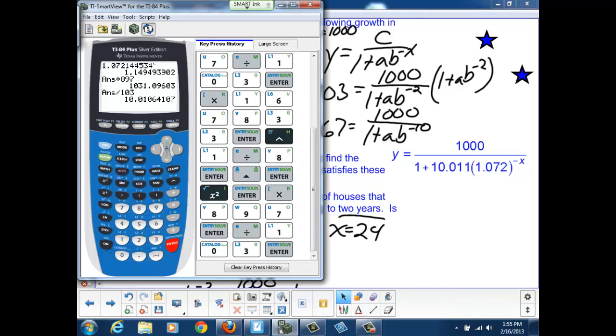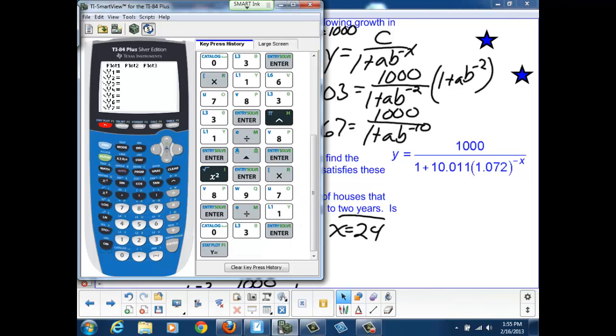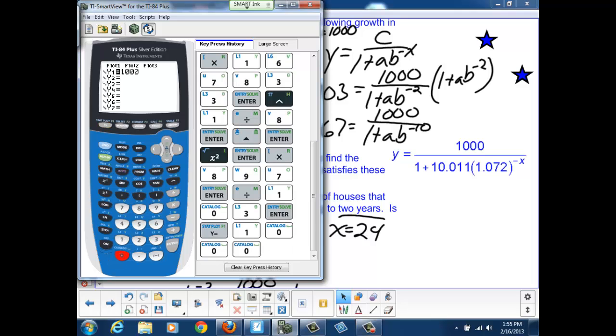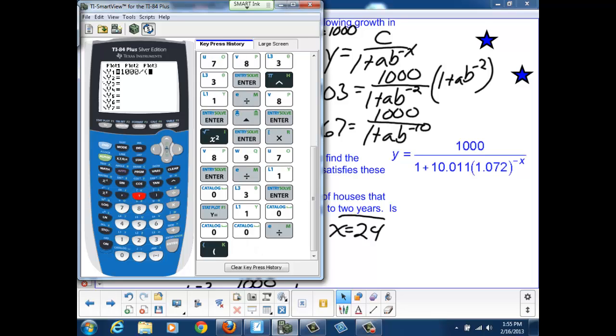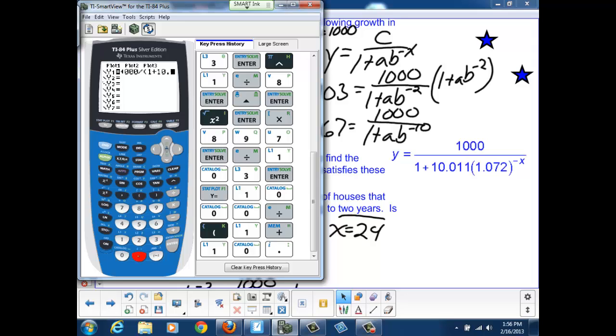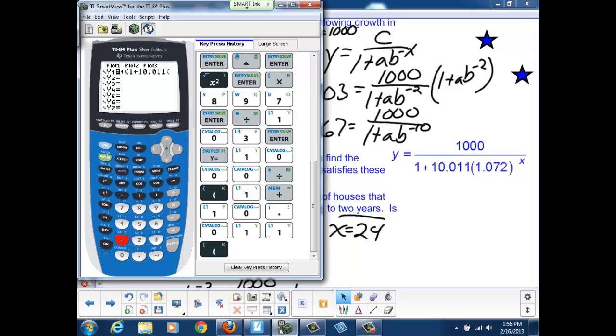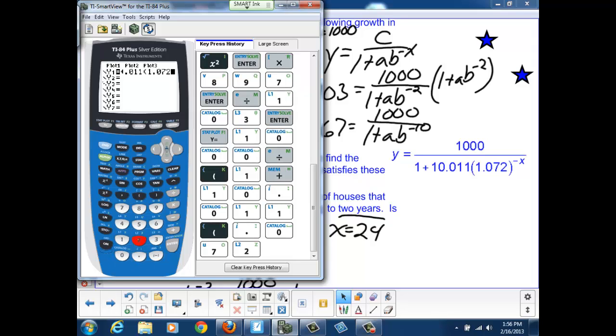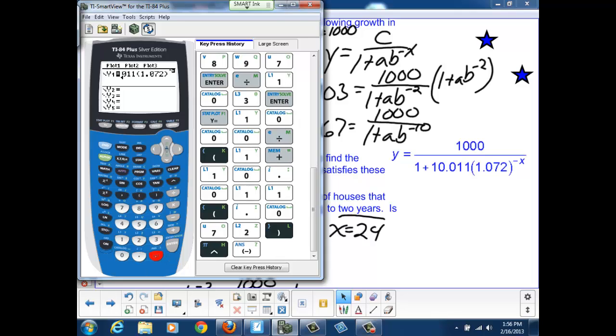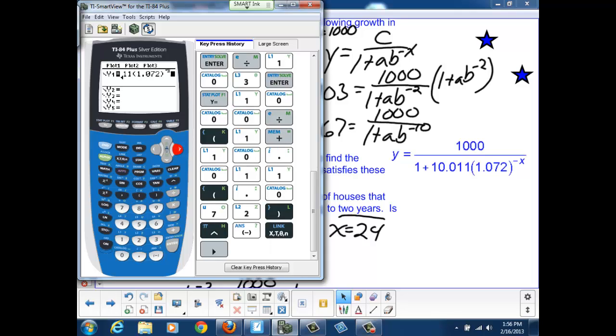So let's start by putting this equation into our calculators. Let's go to y equals, and we'll put in our equation 1000 divided by the quantity, make sure you put this in parentheses, 1 plus 10.011, another parentheses, times 1.072, close that parentheses, raised to the negative x, and drop back down and close the parentheses one more time.